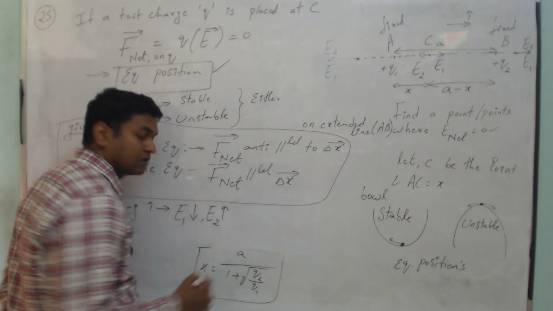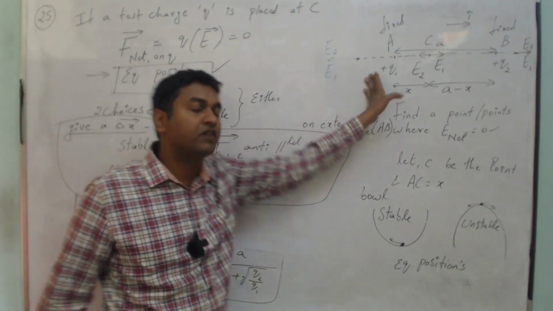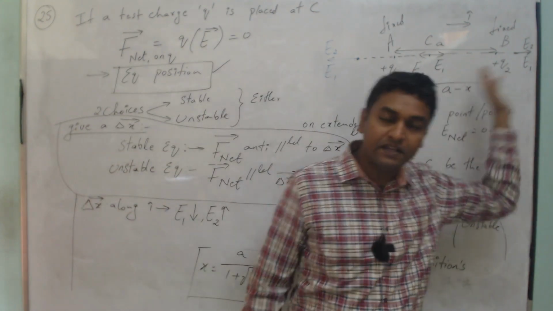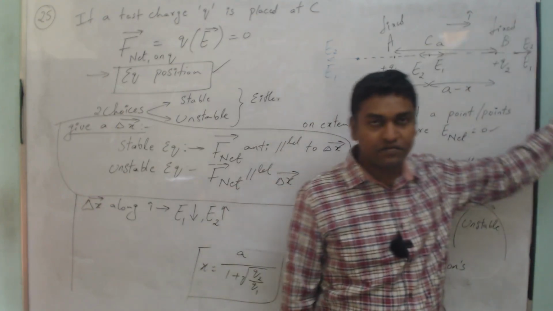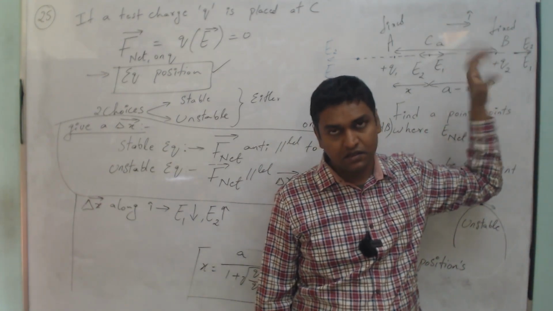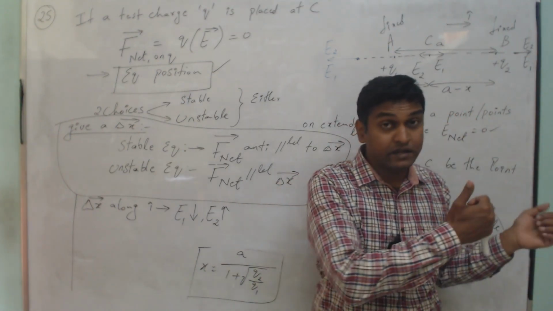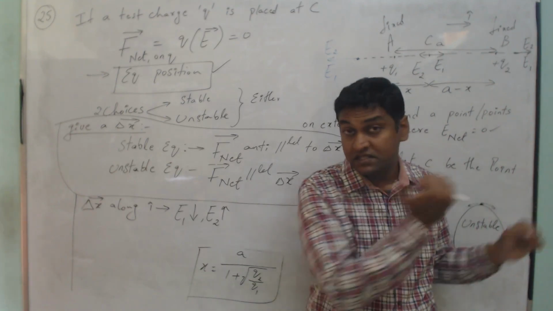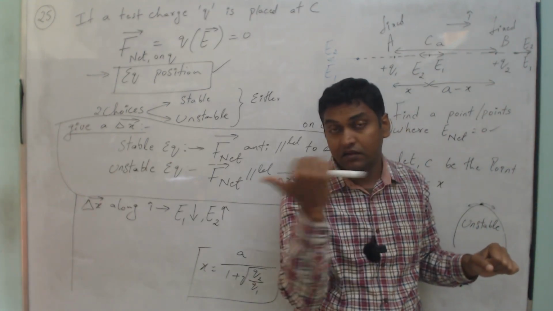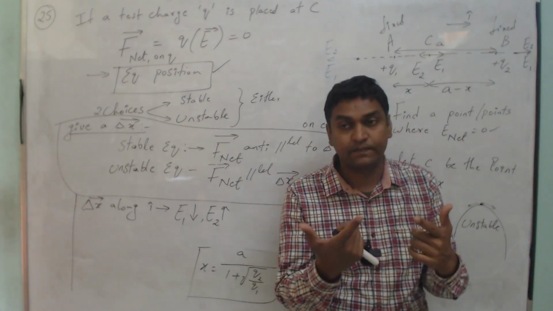Yes, the electric field E1, due to charge Q1, will decrease, whereas the electric field due to charge Q2 will increase. That means the electric field towards this side will increase, whereas the electric field towards that side will decrease.